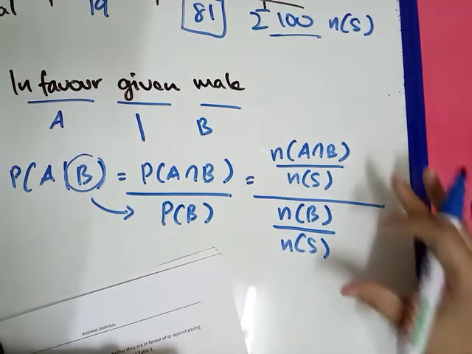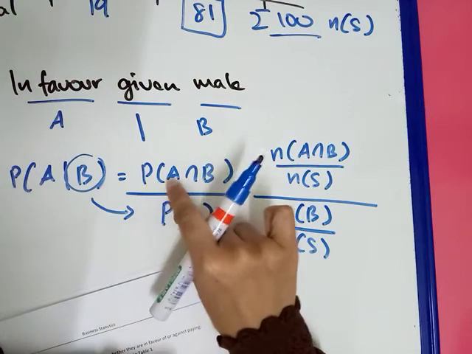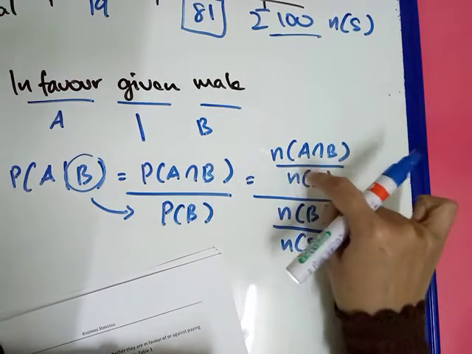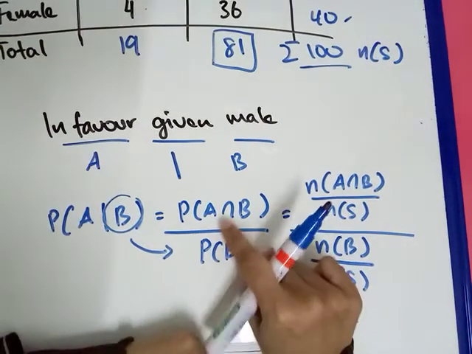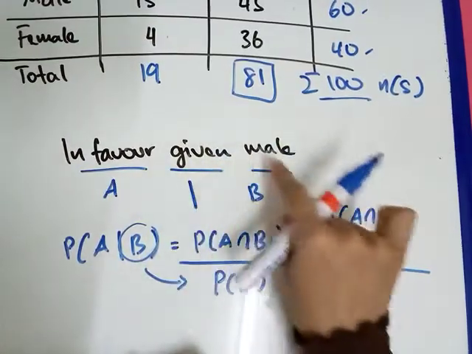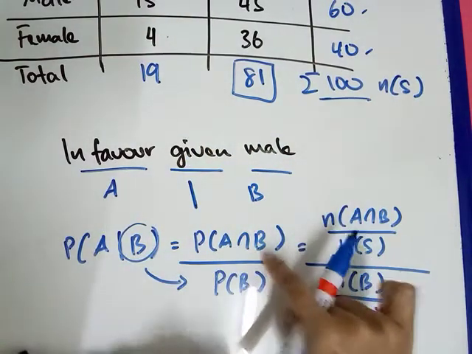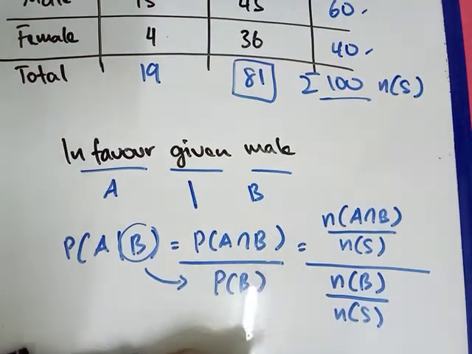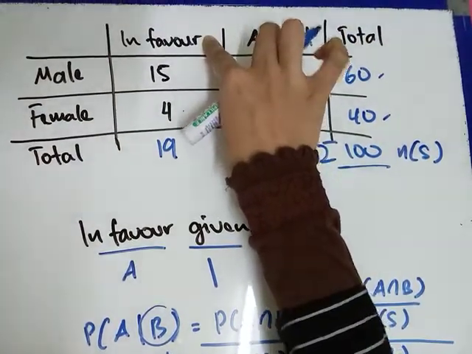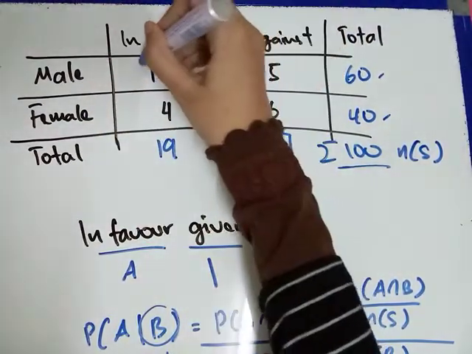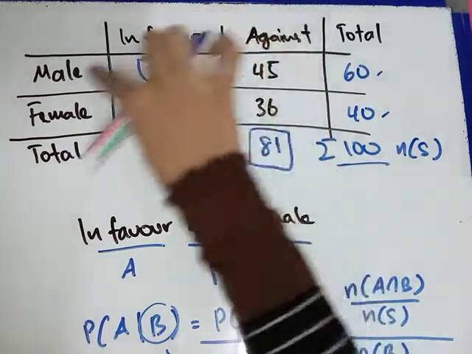Sebab dia nak probability, so kena carilah number of element dia. Alright, so A intersect B, that means in favor intersect male. Kita tengok in favor intersect dengan male, which is 15. In favor intersect male, 15.